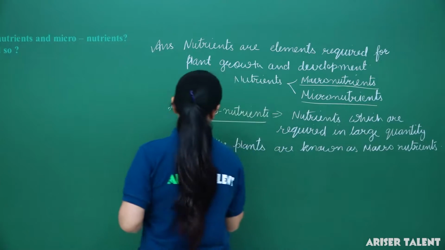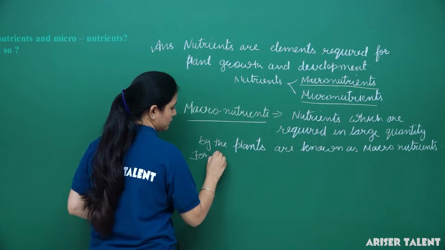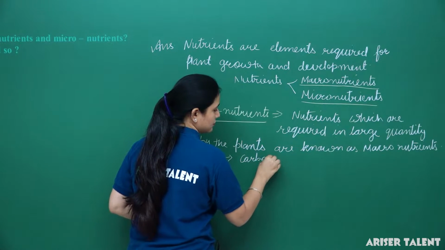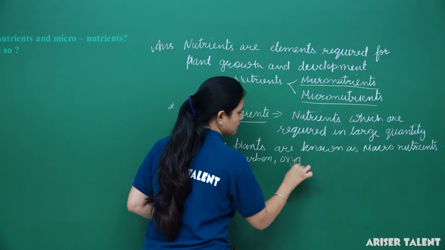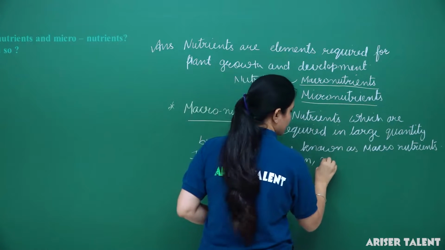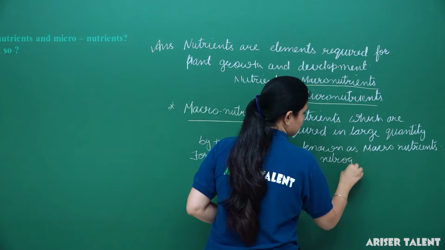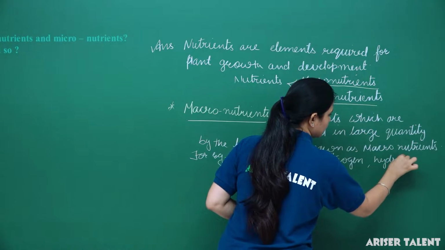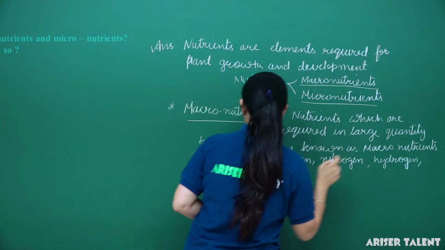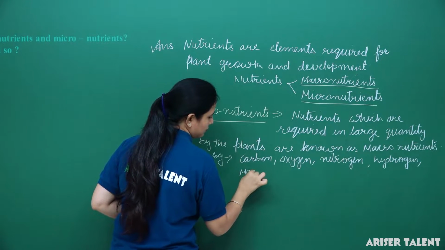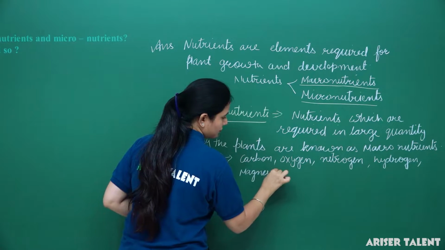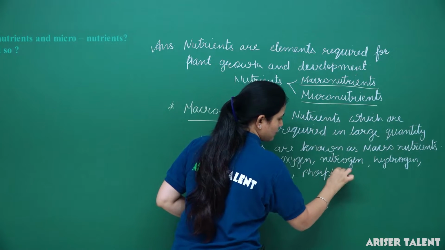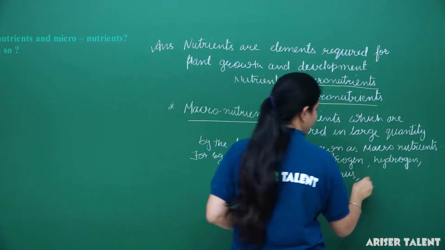For example, what are they? Carbon, oxygen, nitrogen, hydrogen, magnesium, phosphorus, potassium.